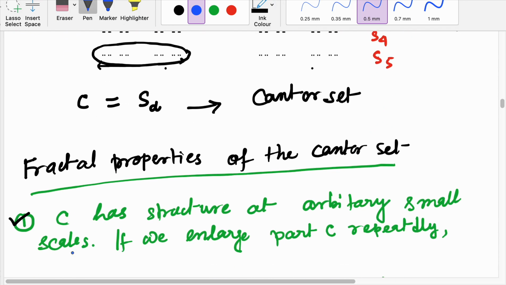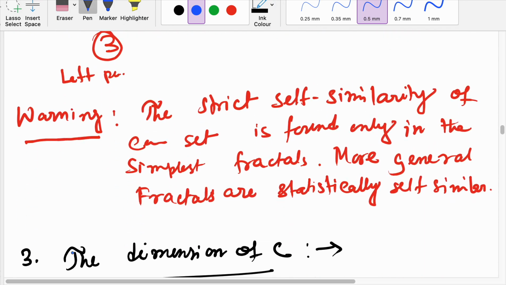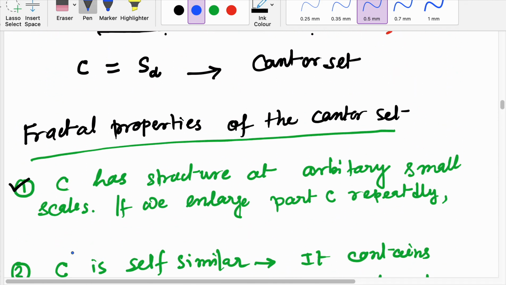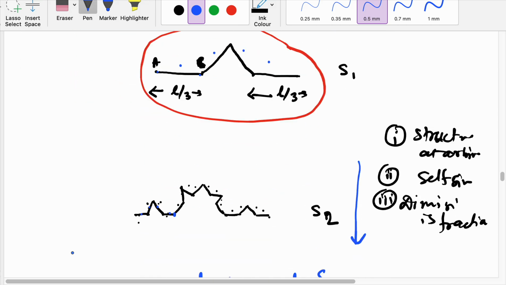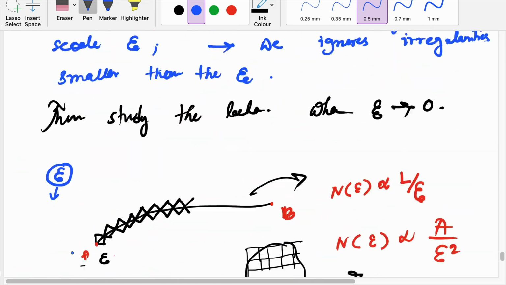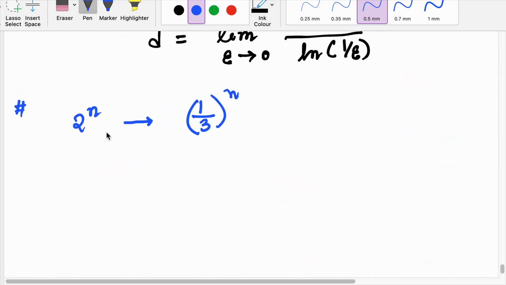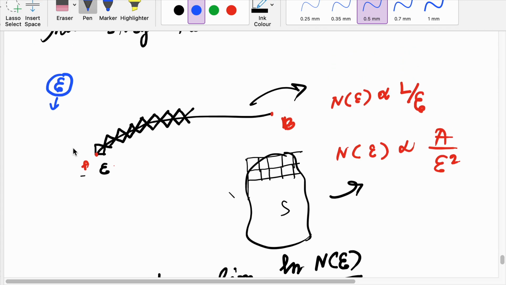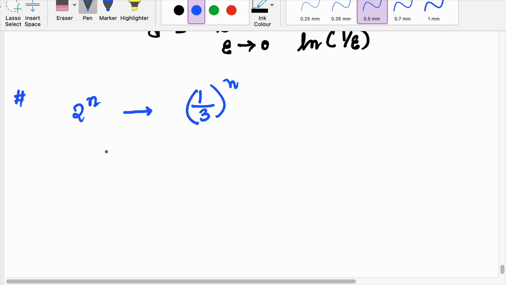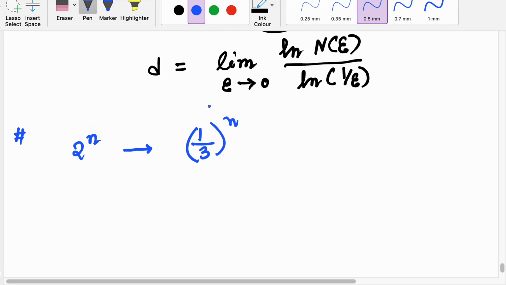And this pattern goes up to infinity. So 2 to the power n smaller copies are required to fill the space if epsilon is 1/3 to the power n. So what is the definition of the dimension from here?